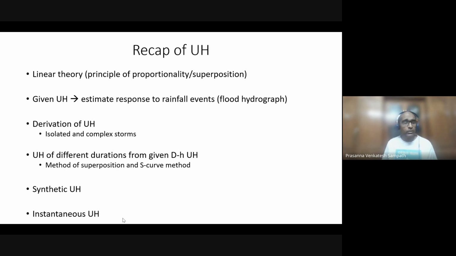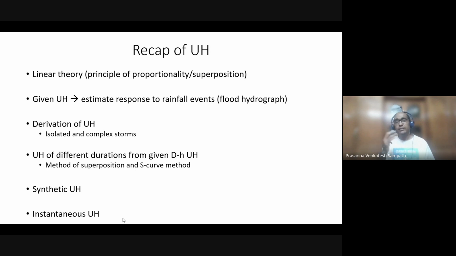We spoke about the linear theory where you assume that the response of a watershed to a rainfall event is a linear response, and therefore you are allowed to use the principle of proportionality and the principle of superposition to predict the response to other events which are not a 1 centimeter rainfall event.